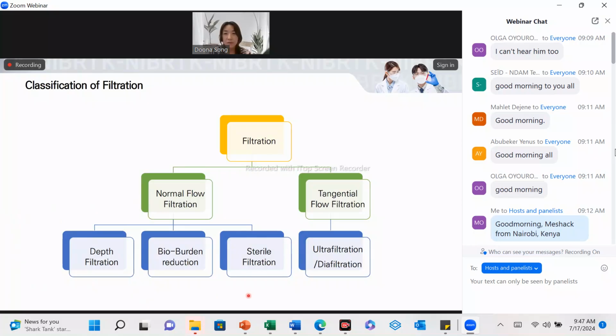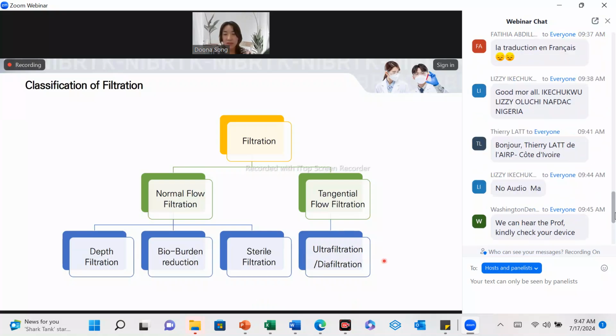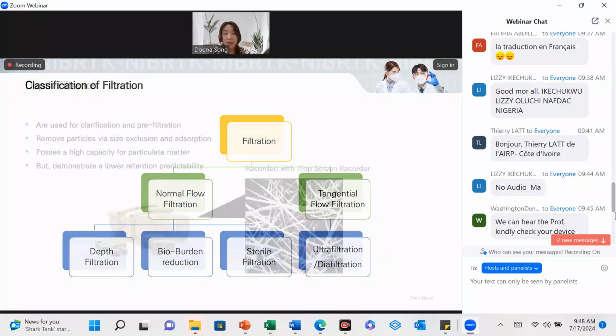And tangential flow filtration is used for ultrafiltration and diafiltration. Sometimes TFF is used for microfiltration also. Let's take a closer look at each of these types.